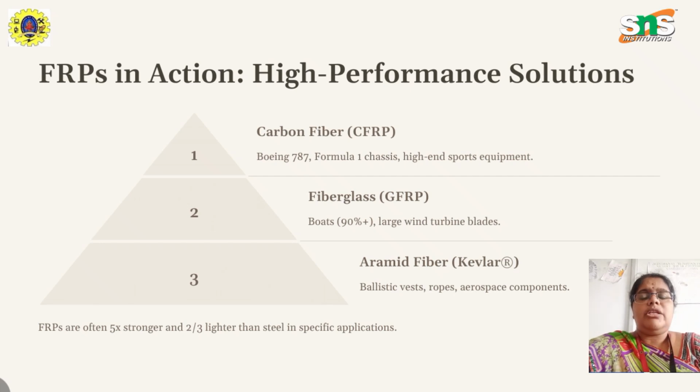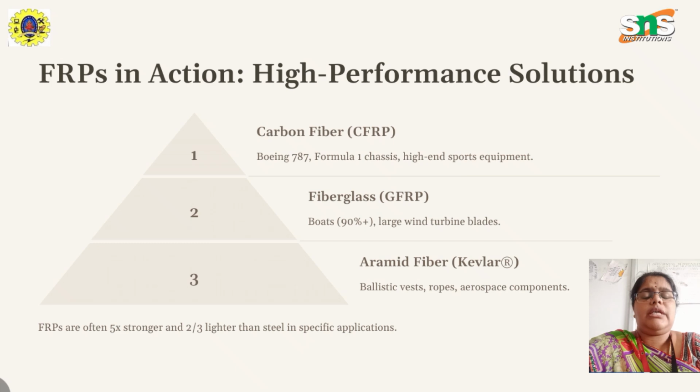FRPs in action are high performance solutions. In specific applications FRP is 5 times stronger and 2 to 3 times lighter than steel, so they are preferred over steel. Aramid fiber, called Kevlar, is used in ballistic vests, ropes, and aerospace components.